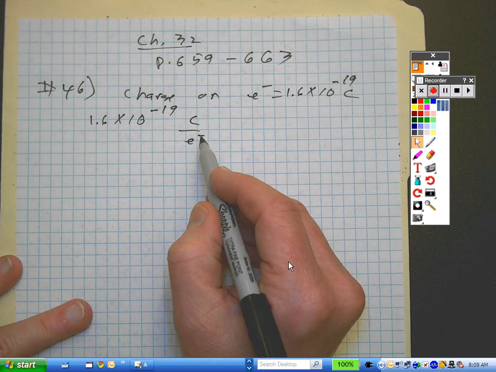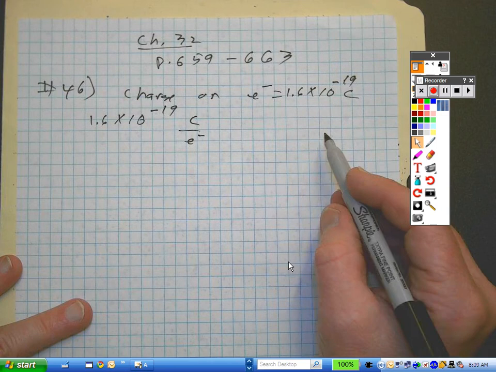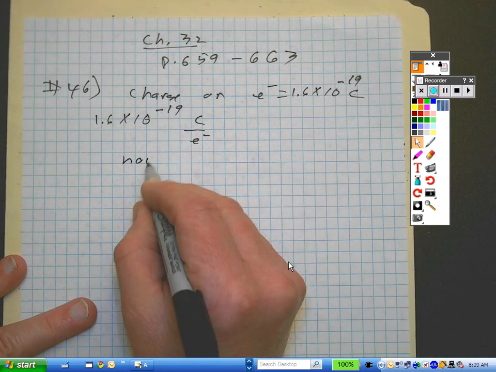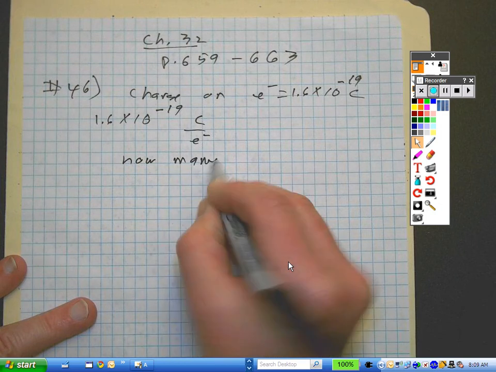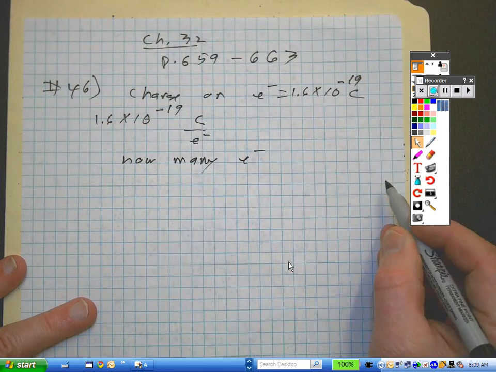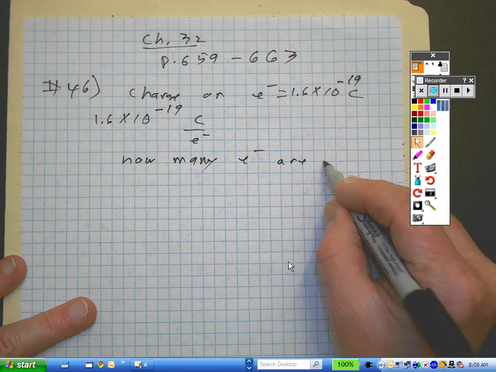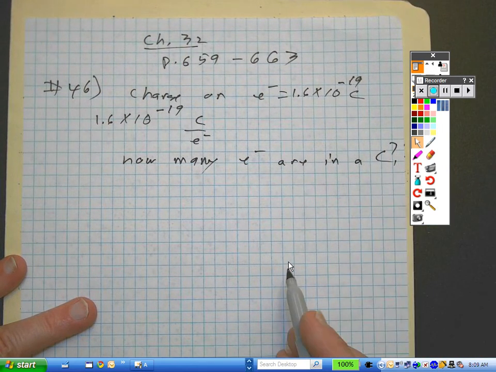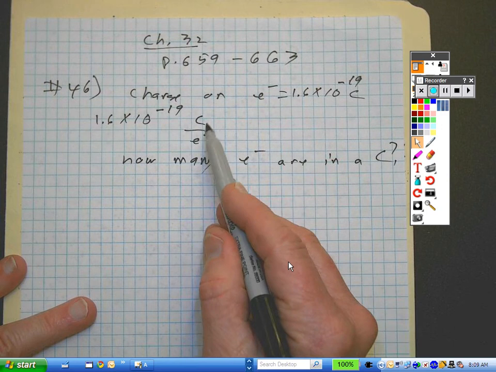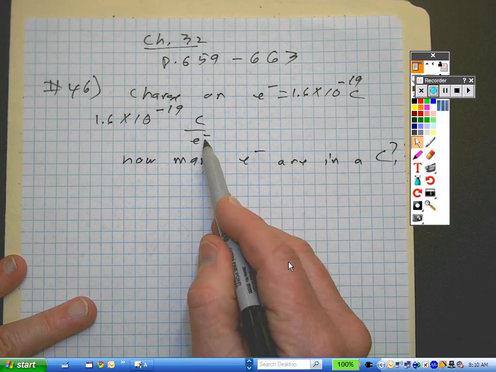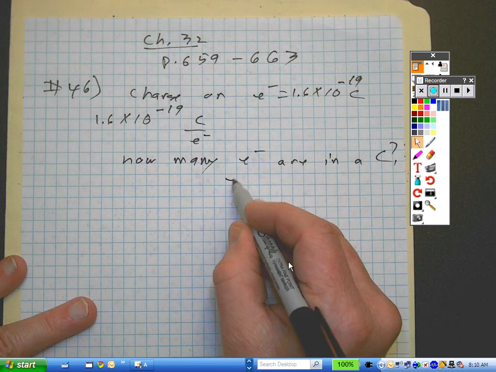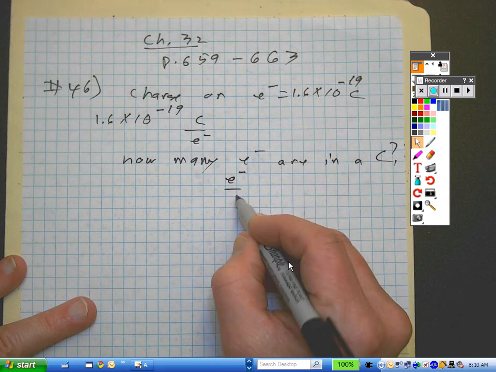So the question is asking how many electrons are in a coulomb. So really, what we know is the number of coulombs per E minus, per electron. But what we want to know is the number of E minuses, electrons, per coulomb.